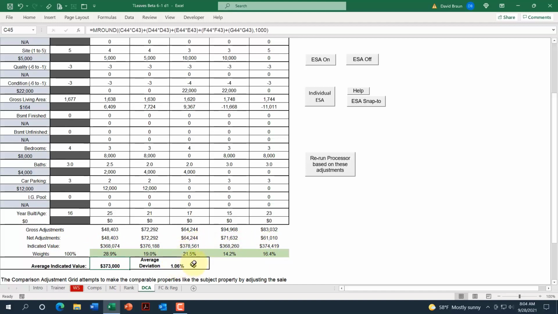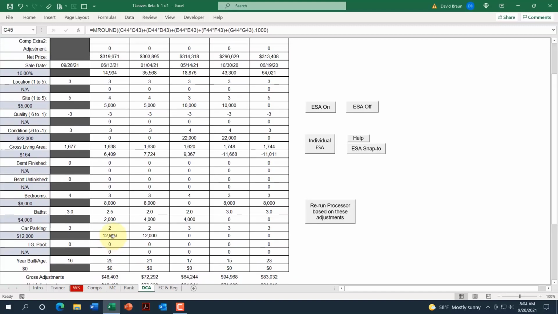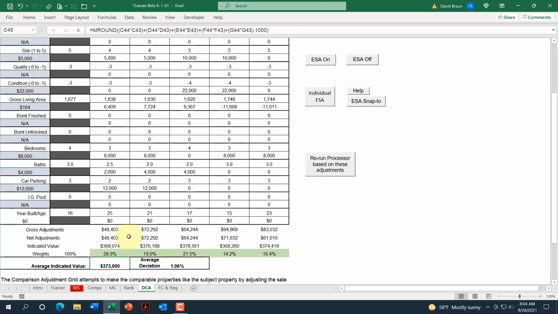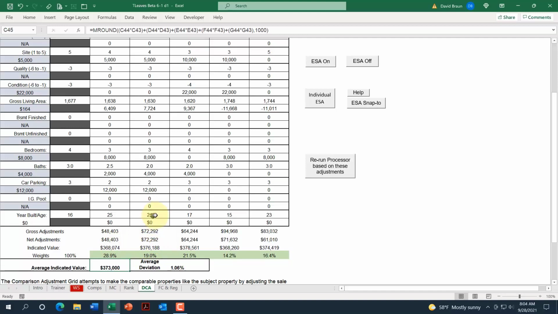And you can see that the adjusted rates here have an average deviation of just a little over 1%, which is really very good. And that's a lot determined by the random variance of sales prices in your market, which is another subject we won't really get into here. But that's what sensitivity is based on. So a lot of times, if you make a crazy adjustment, you can look down here and notice that these all got out of whack.